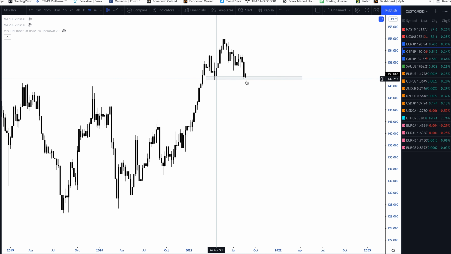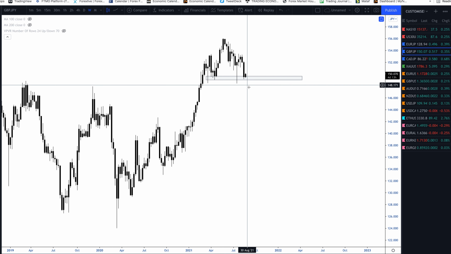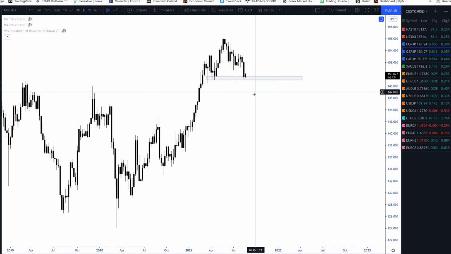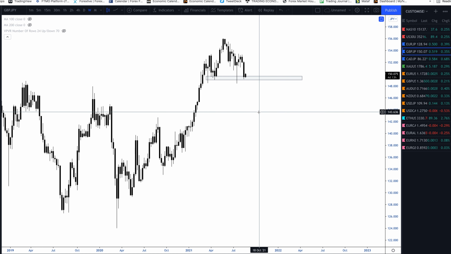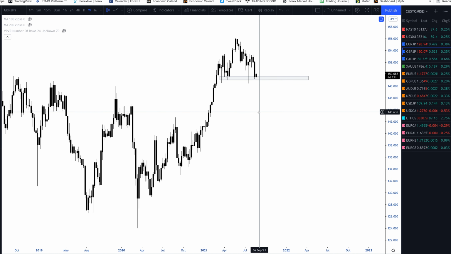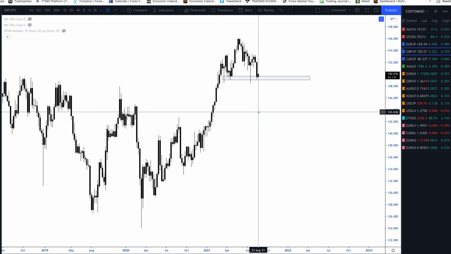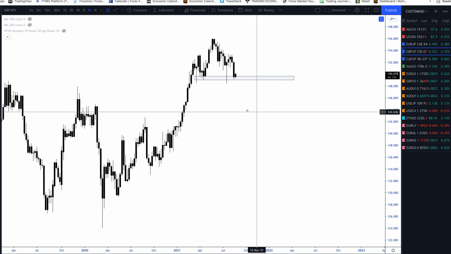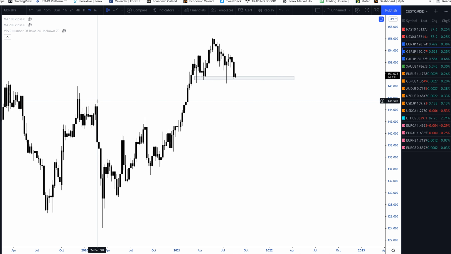So if price breaks through that level of support and retests it, becoming resistance, we could see a potential bearish market come in, and the bears come in and see where the market would take us.